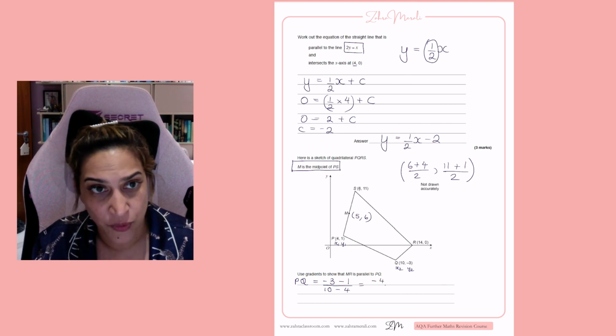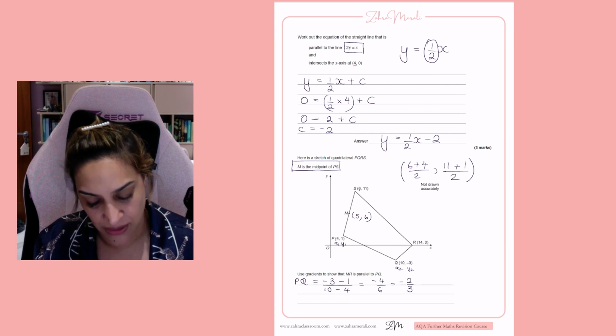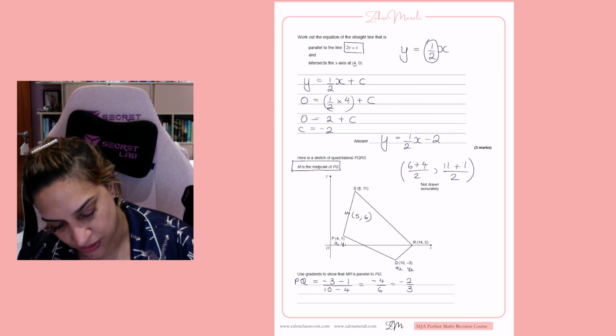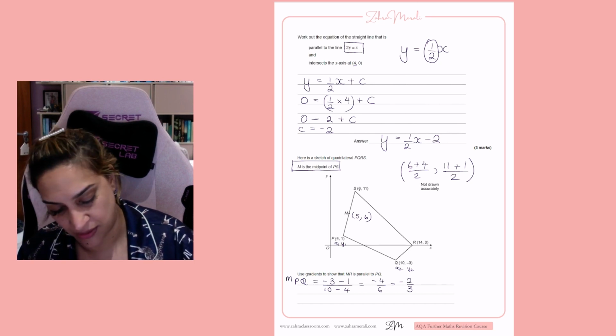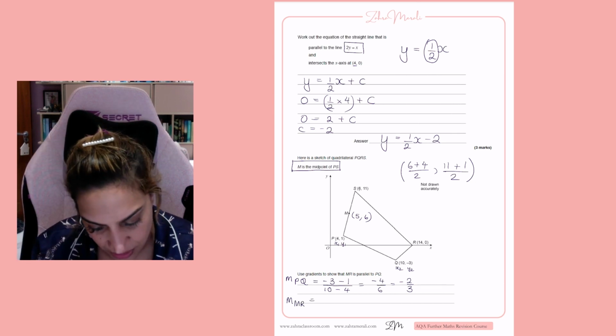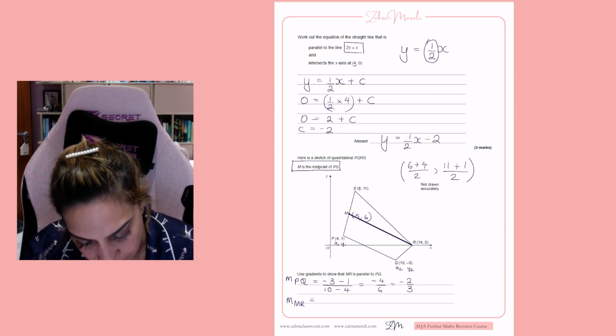I've got minus 4 over 6, which is minus 2 over 3. Okay, so that's the gradient of PQ. If I want, I could put an M here or even write gradient. And now I want the gradient of MR. So for M to R, I'm looking for this one here.